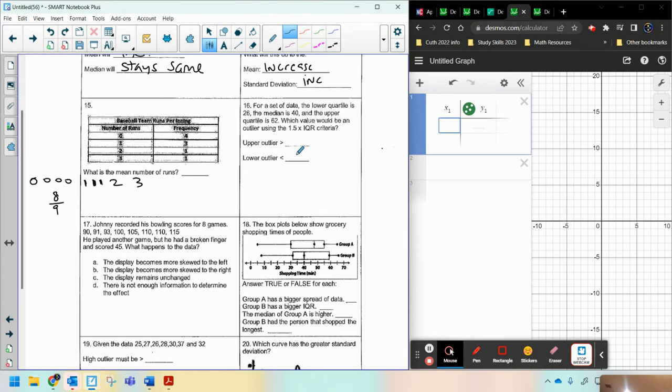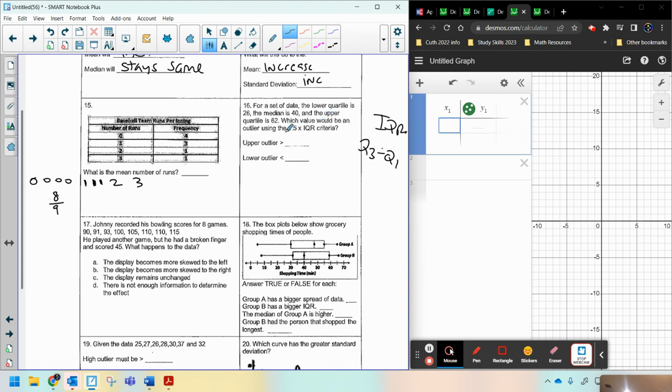16. A set of data. The lower quartile is 26, the median is 40, and the upper is 62. Which value would be an outlier using the 1.5 IQR criteria? Well, let's find out what the IQR will be. Remember how to get IQR? It's Q3 minus Q1.